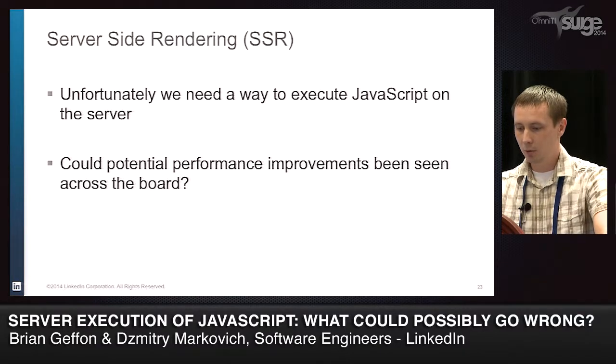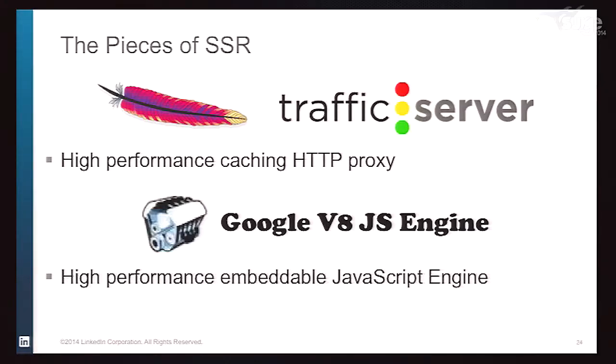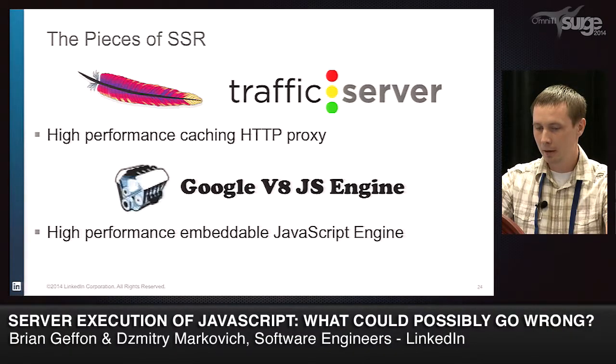And we started to look around, and we got back to, like Brian mentioned, no solution at the beginning, the C++ solution. So our key proxy tier is based on ATS. It's Apache Traffic Server, C++ based. And we started looking around for what we can use to run all of our JavaScript on a server.